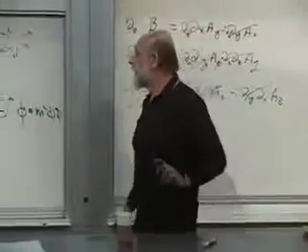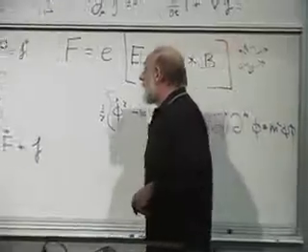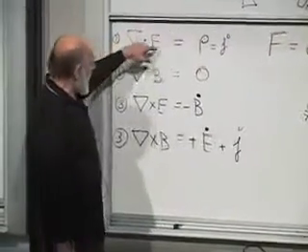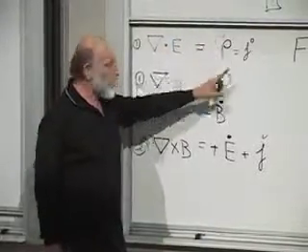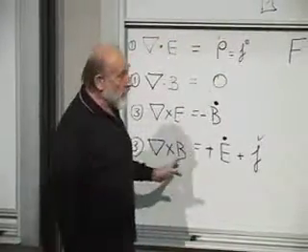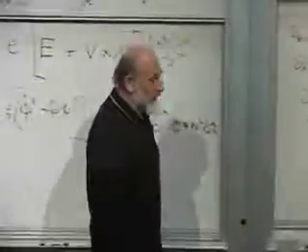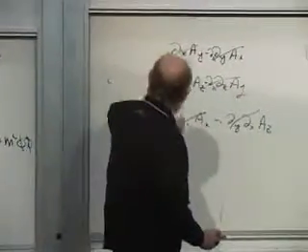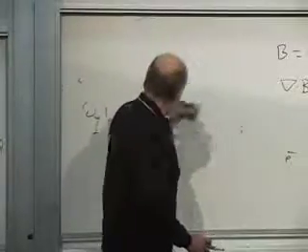And it is necessary to these equations that the current is conserved. Incidentally, even if we didn't use gauge invariance, even if we didn't care about gauge invariance, let's just look at something else.